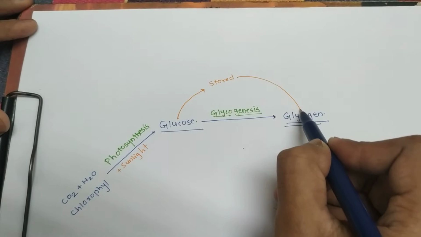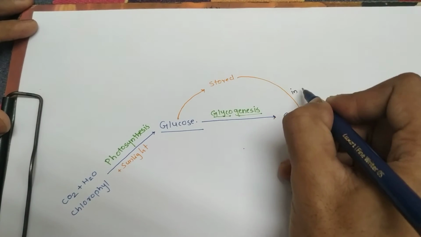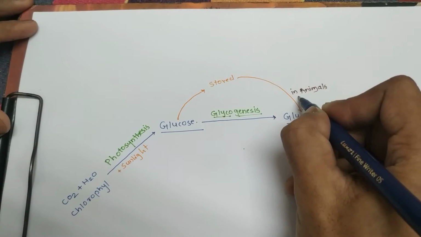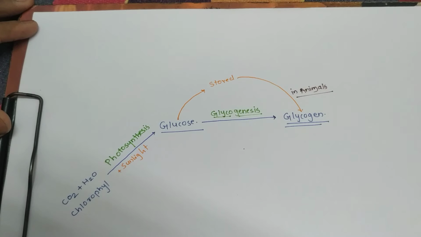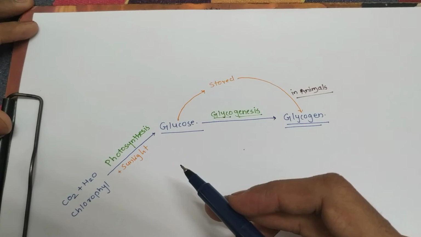Glucose is stored in the form of glycogen, but where? In animals. The glucose is stored in the form of glycogen in the animals. Then what is the form in which glucose is stored in the plants?